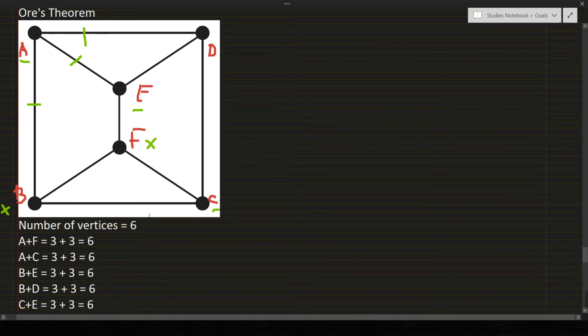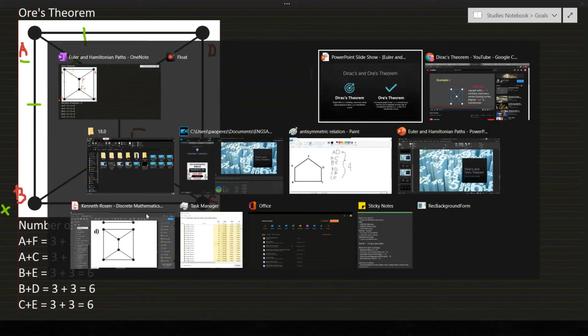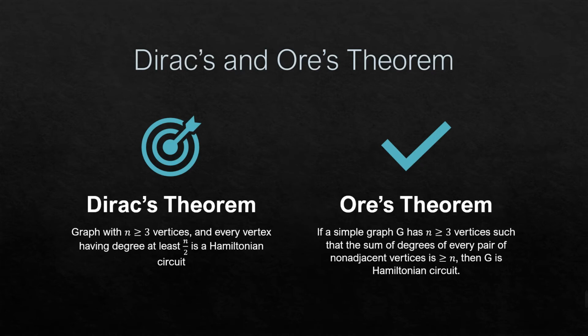So what we're going to do, let's look back at Ore's theorem. Ore's theorem states that if a simple graph G has n greater than or equal to 3 vertices, such that the sum of degrees of every pair of non-adjacent vertices is greater than or equal to n, then G is Hamiltonian. Again, every pair.